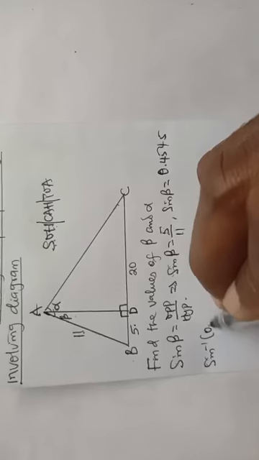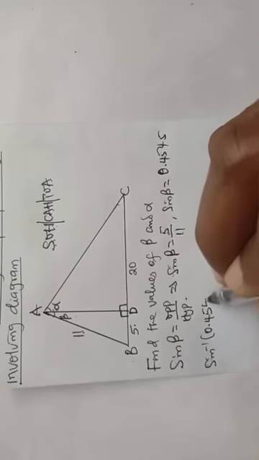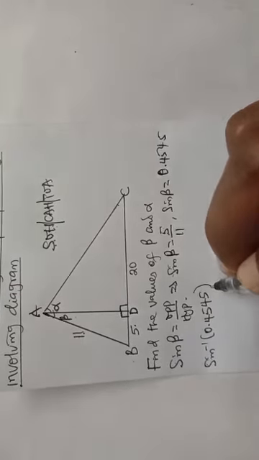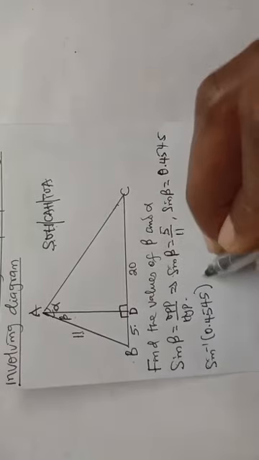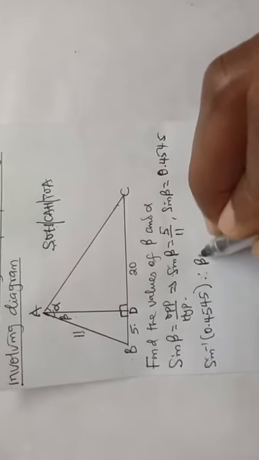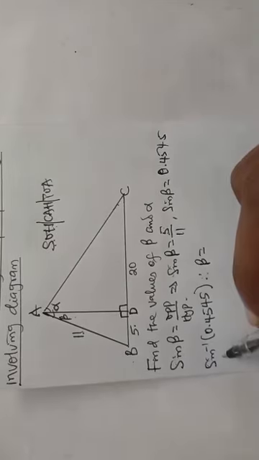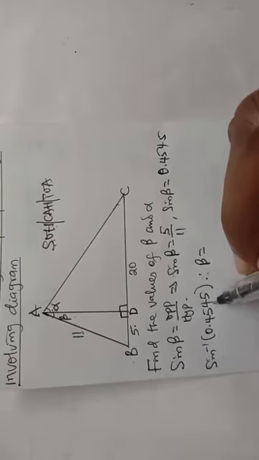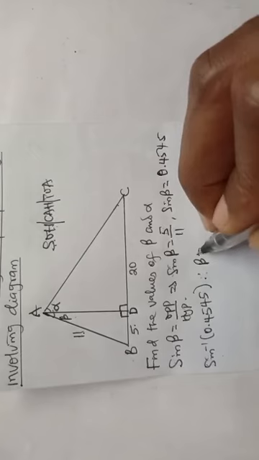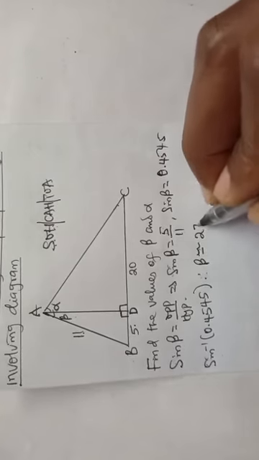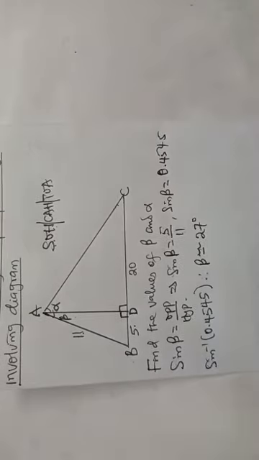Sine inverse of 0.4545. Therefore, beta is equal to sine inverse of 0.4545, which gives me approximately 27 degrees.